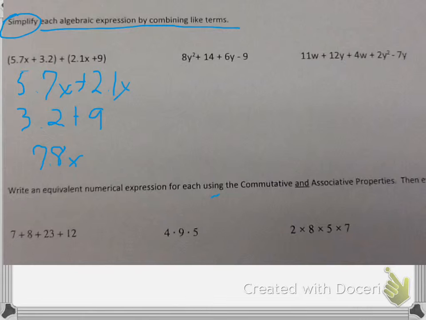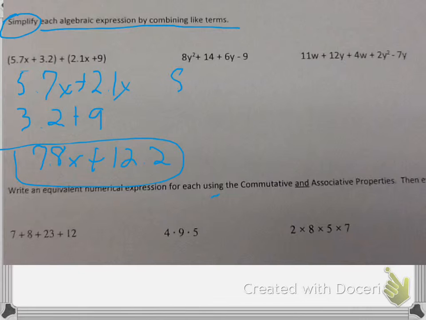So 7 8/10 x plus, and then 3 plus 9 is 12, so we have 12 2/10. And then we can't simplify it any further because we don't have like terms. So that's my solution.